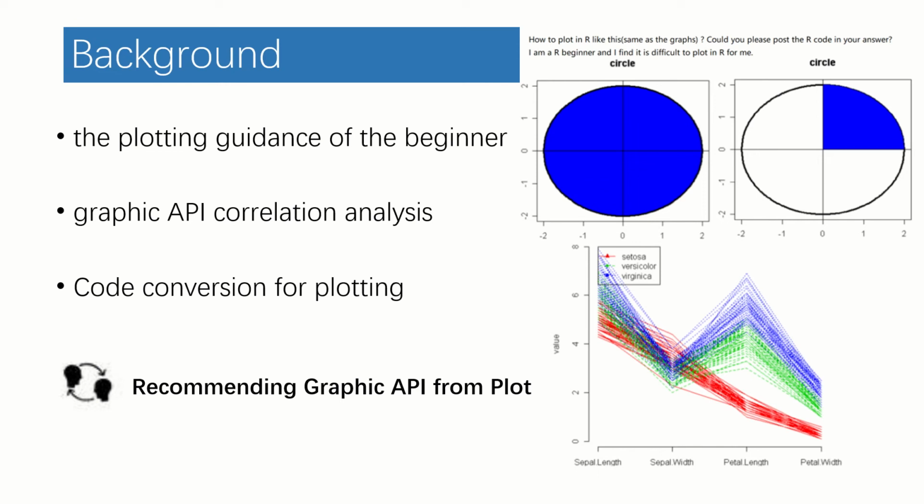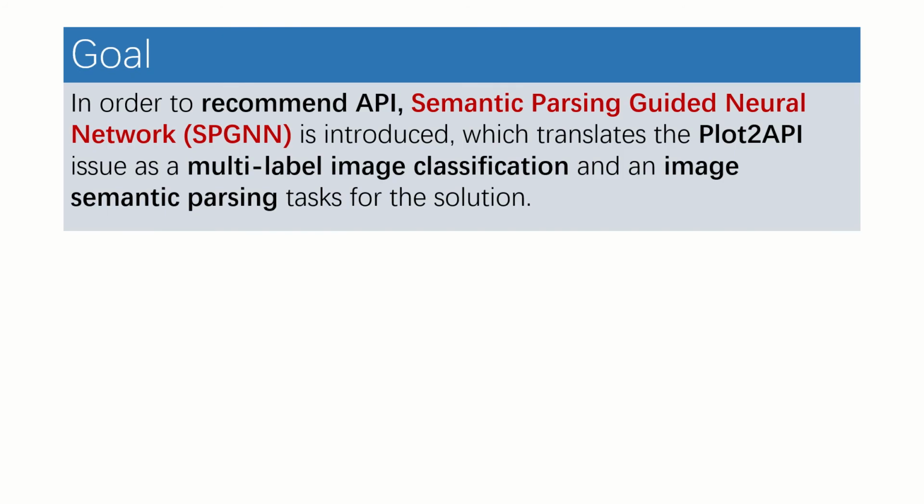Therefore, we present a meaningful task in software engineering and data visualization, which is plot-based graphic API recommendation. Our goal in this paper is recommending graphic API from plot. API recommendation is not a new issue in software engineering, and many researchers have worked in this direction.